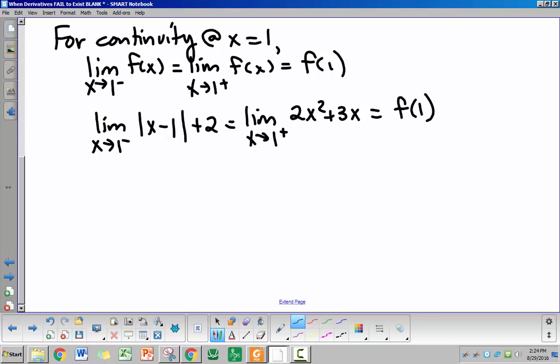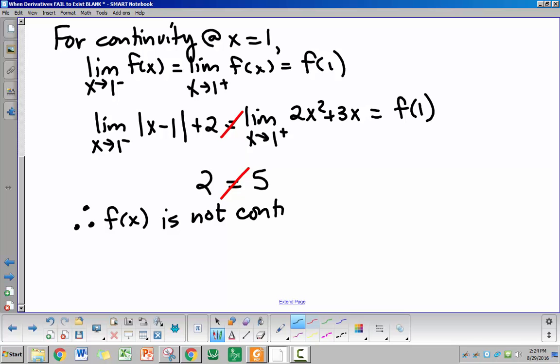And what do we get on this side? 2. On the right side, what we get? 5. Uh-oh, what happened? Boom. So what we can say, therefore, is f of x is not continuous at x equals 1, right?